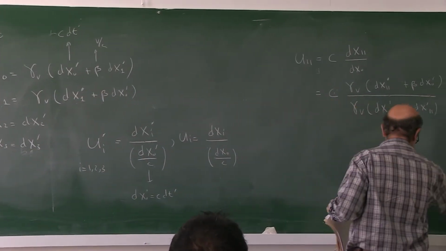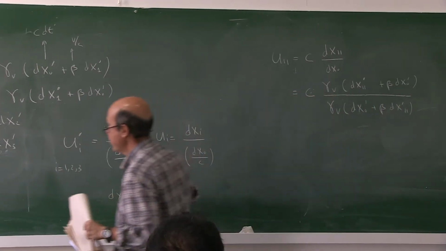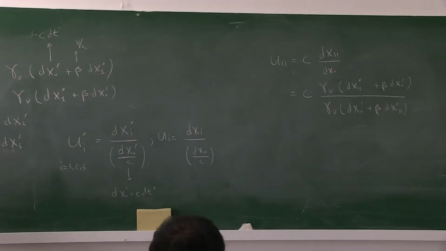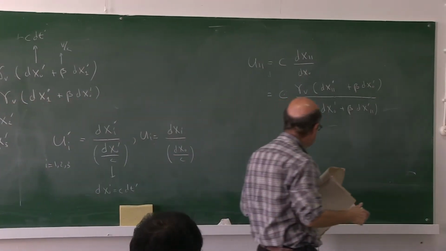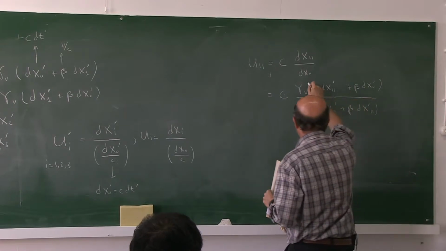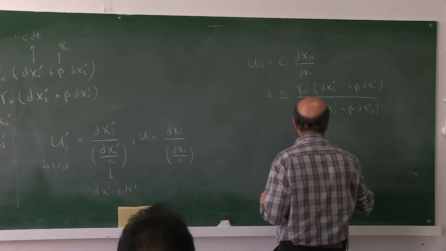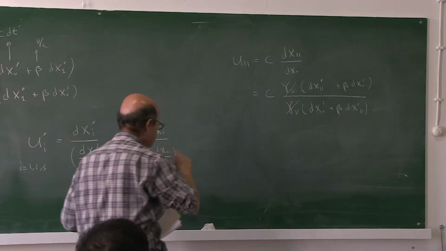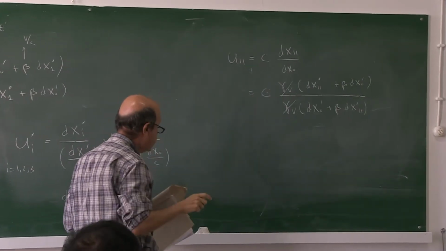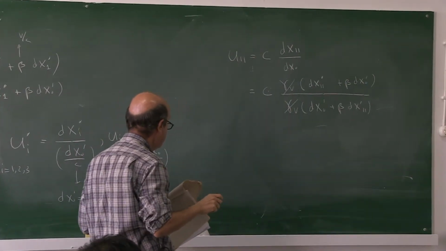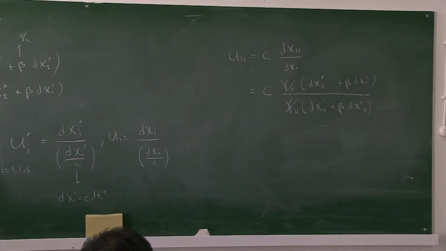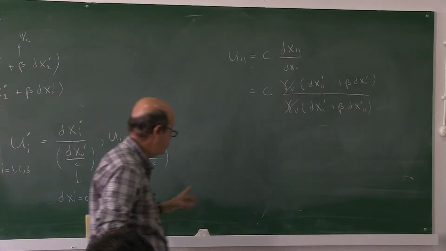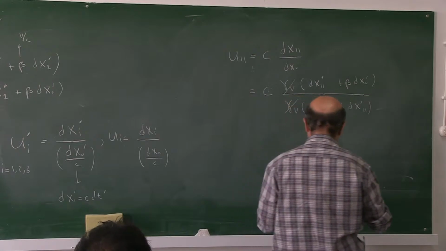Beta is v over c, the magnitude of the relative velocity in one dimension. One thing we see is that the gamma factors are canceling. I will discuss this a little later, when we investigate the perpendicular component of the relative velocity, perpendicular to the motion of the two frames.